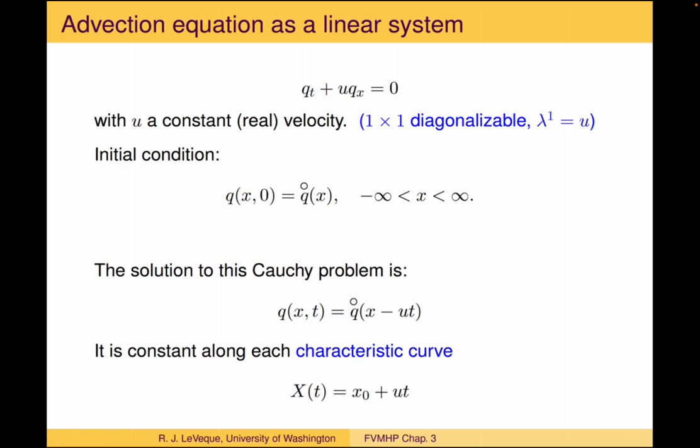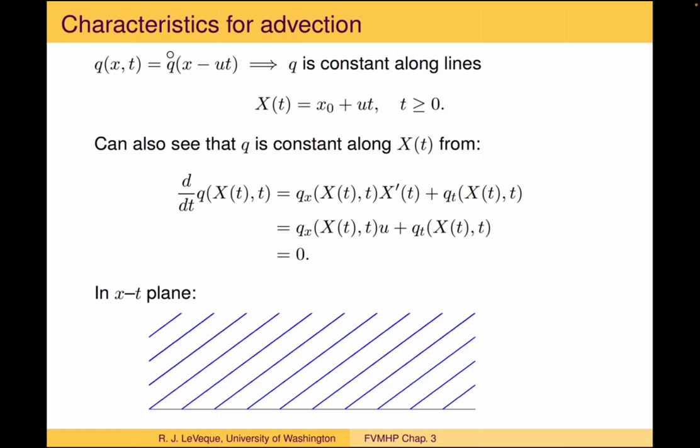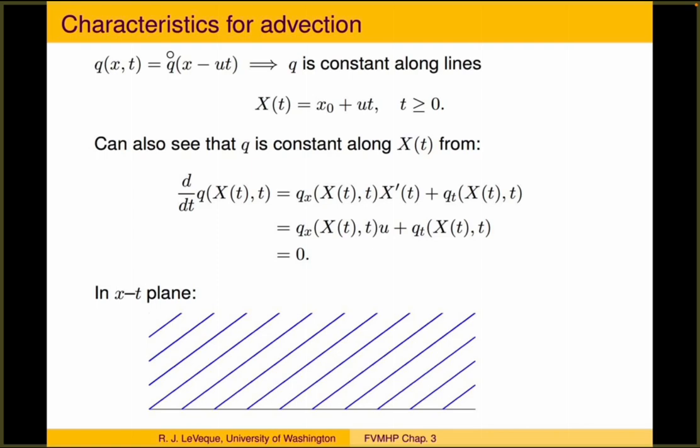And we can think of that as saying that the value of q is constant along a certain set of curves in the x-t plane called the characteristic curves. The function X(t) = x0 + ut is a characteristic curve, a curve that looks like this on the bottom here, starting at some point x0 and propagating in time. So time is going upwards here.